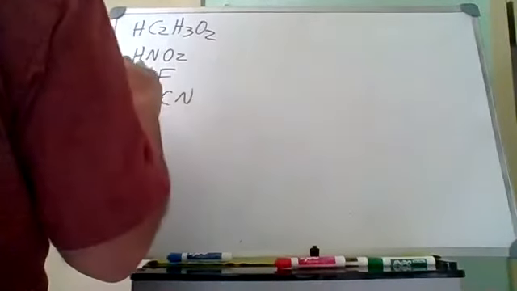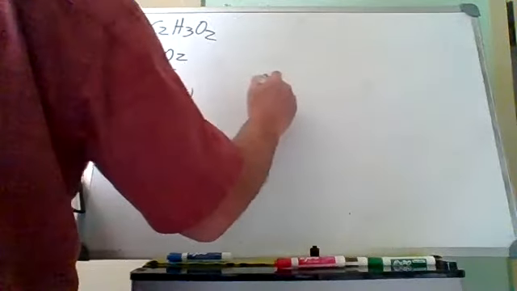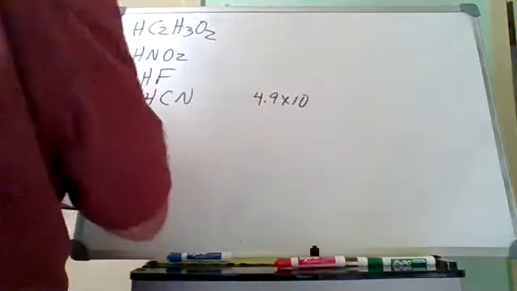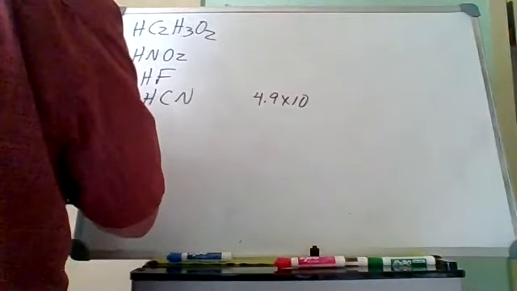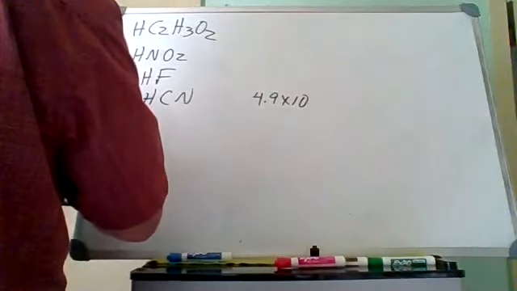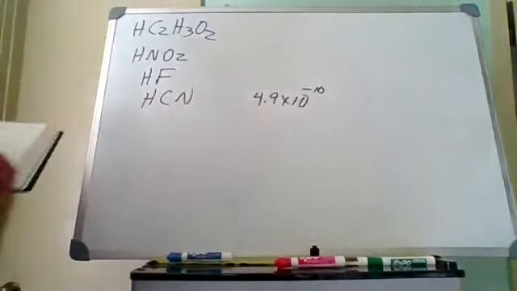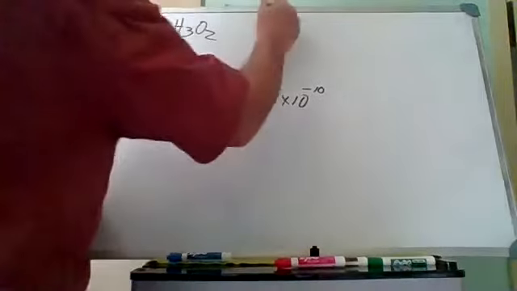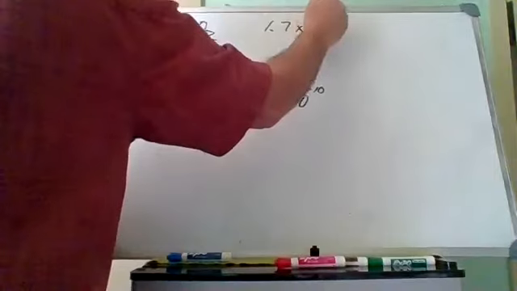So hydrocyanic, 4.9 times 10 to the negative 10. Okay, acetic acid is 1.7 times 10 to the negative 5.